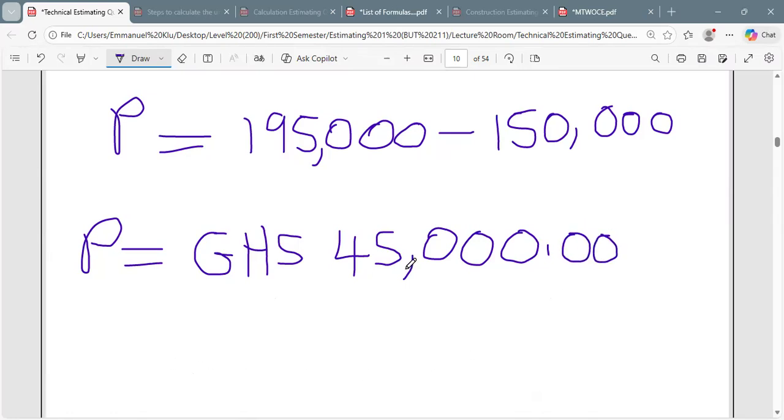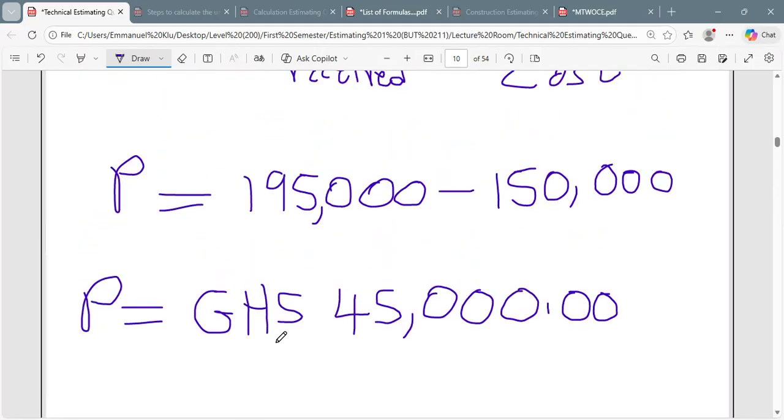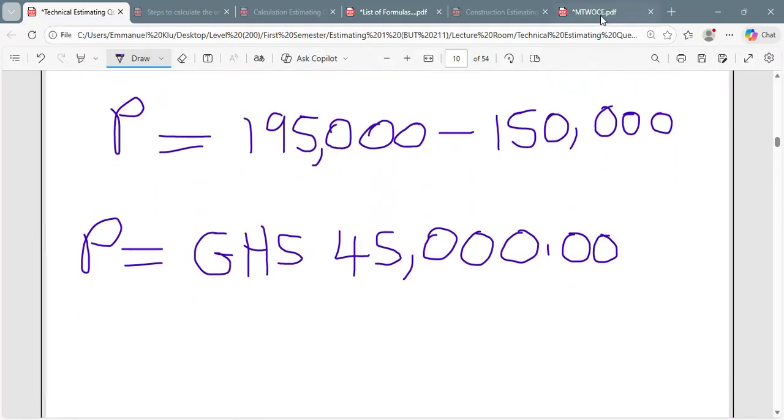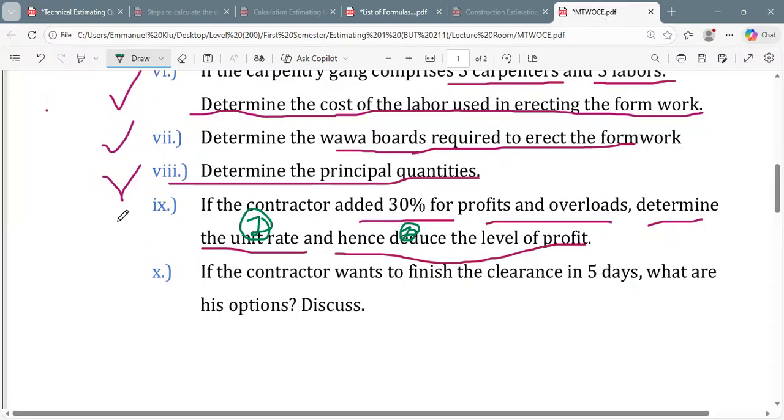That is the profit. So what are we supposed to do next? Let's go to the question. So we are done with this one too.